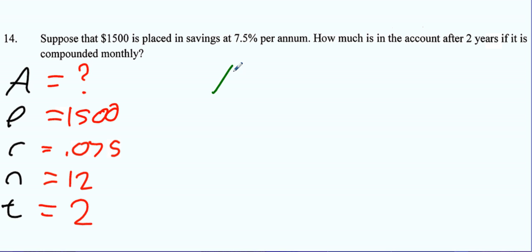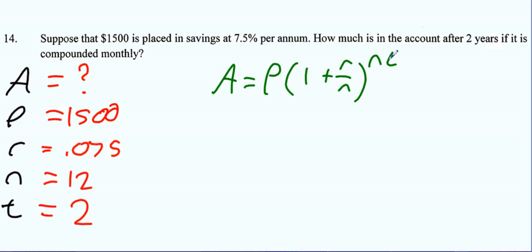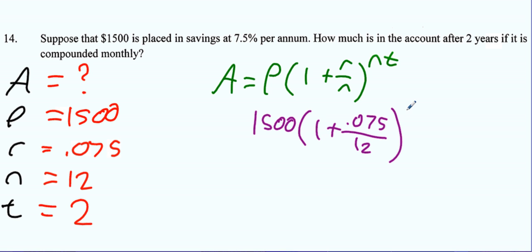So again, our formula, A equals P(1 + r/n)^(nt). Plug in the 1,500, plug in the 0.075, N is 12, N is 12 times T is 2.